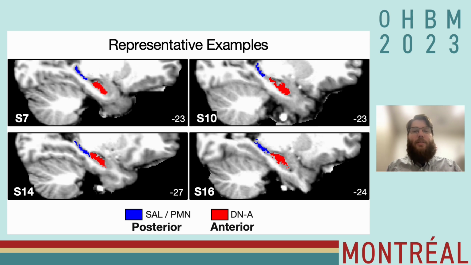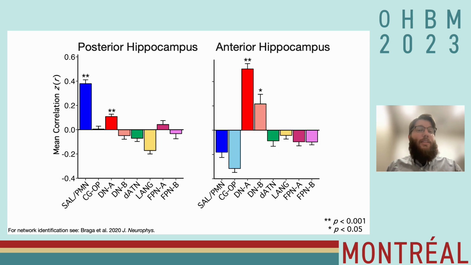And when we explored the functional connectivity of these regions to a core set of cerebral networks in order to assess their selectivity, we found that correlations from the posterior hippocampus, that plot on the left, were highest for SALPMN, the blue bar, while anterior hippocampal correlations, the right plot, were highest for DNA, the darker red bar.